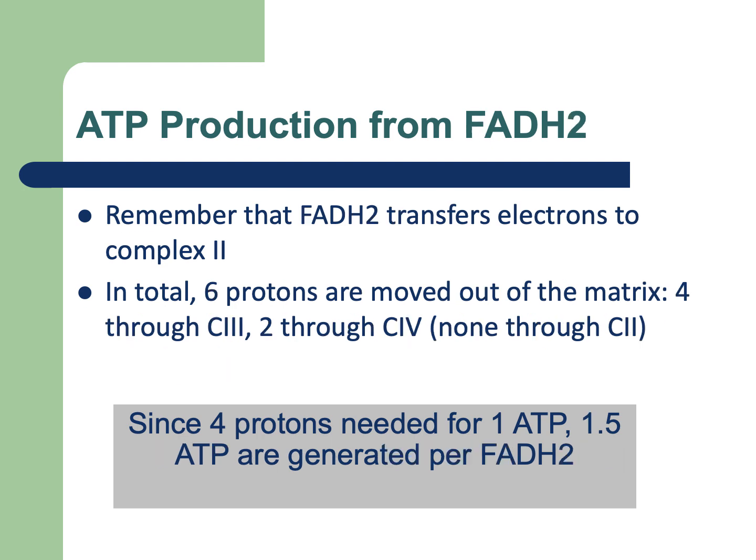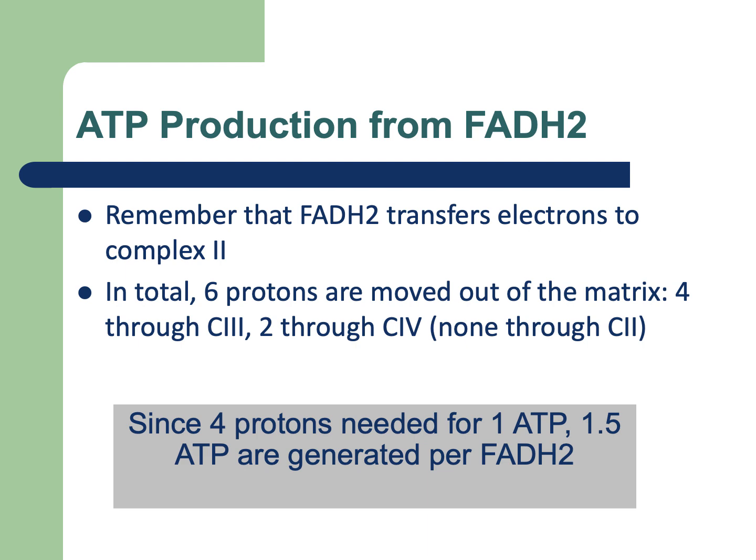Now let's discuss the ATP production from 1 FADH2. Remember that FADH2 transfers electrons to complex 2. In total, 6 protons are moved out of the matrix, 4 through complex 3 and 2 through complex 4, none through complex 2.